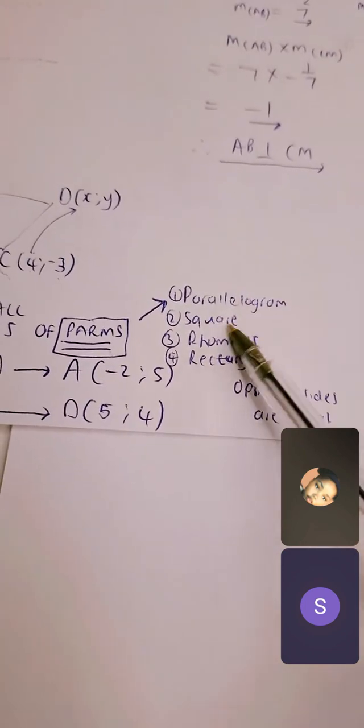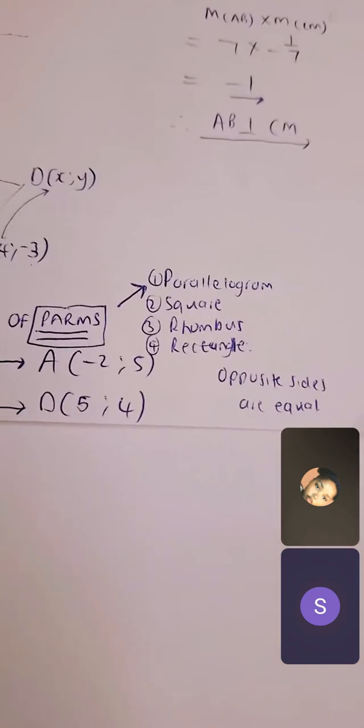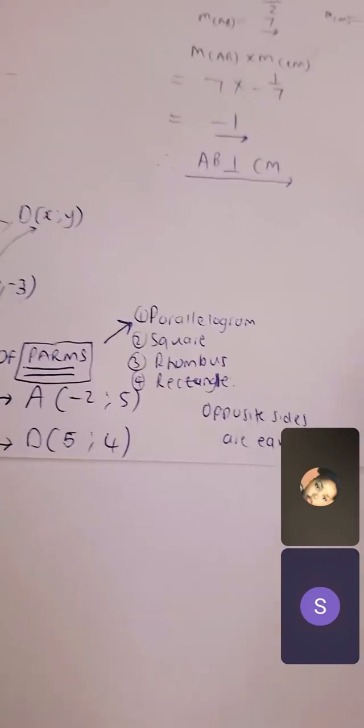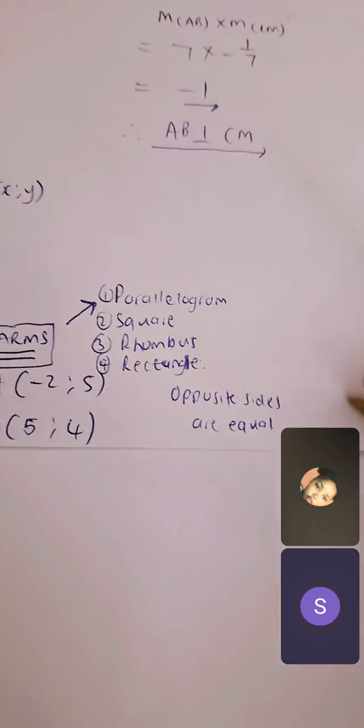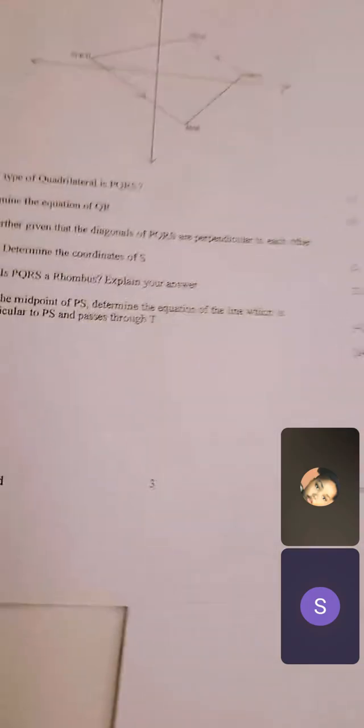So your parallelogram, square, rhombus, rectangle, that's fine to apply. But if it's not any of the above, then it doesn't work, right?